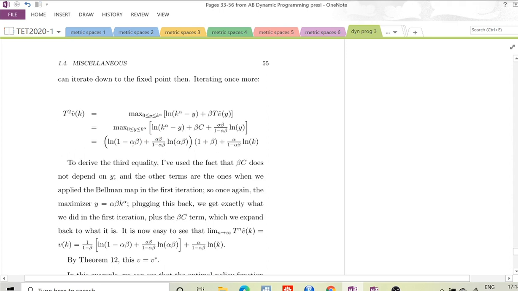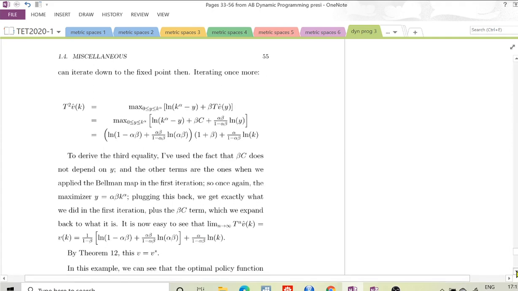If we do T cubed v hat, we'll have this term, this one, beta to the this, plus beta squared to the this, and so forth. So this is in fact a nice geometric series, and if you take limits, it'll just be this times 1 over 1 minus beta plus this, right?